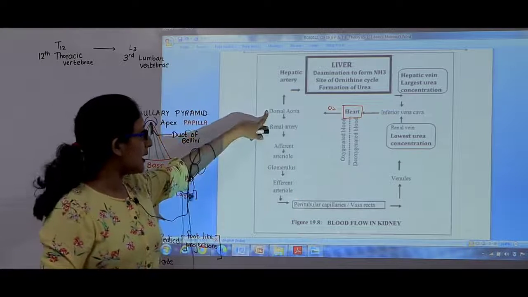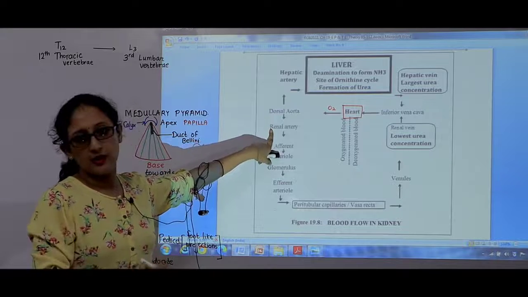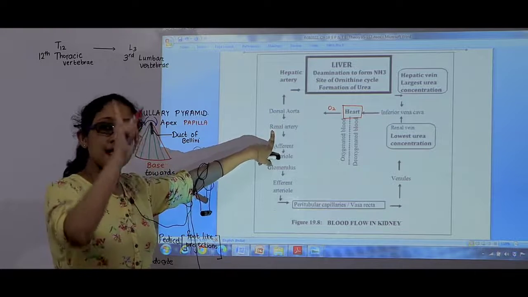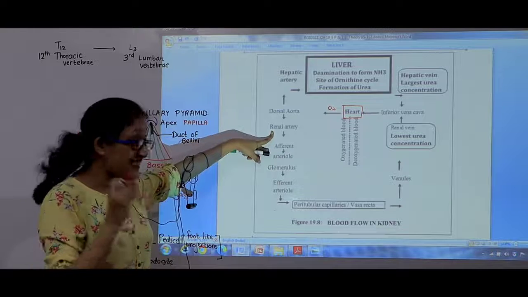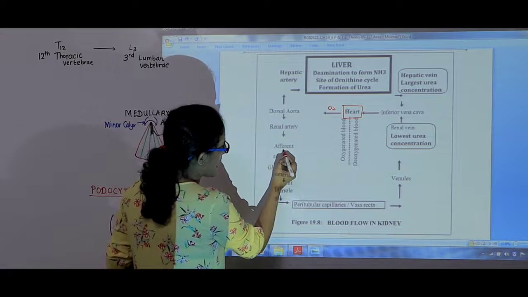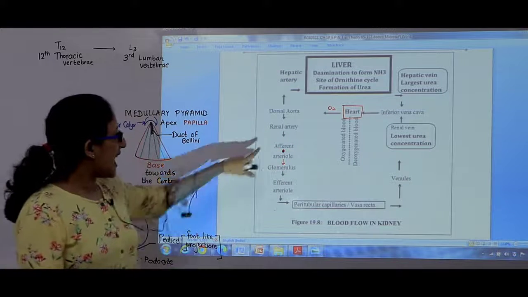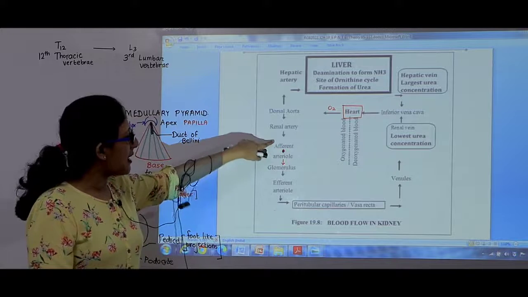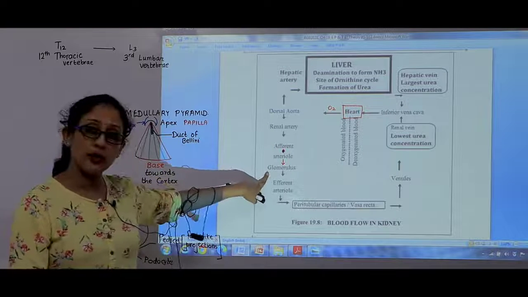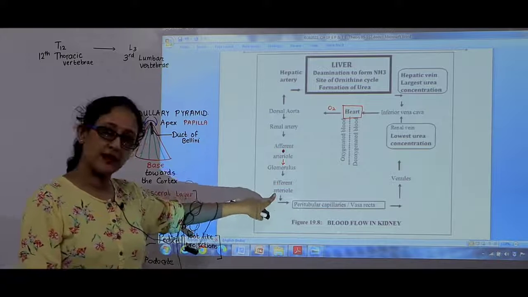I told you the dorsal aorta gives the branches called the renal arteries. One renal artery enters into one kidney and then it splits into those afferent arterioles. This arrow, cancel it from here and put it over here. The larger diameter afferent arteriole enters the glomerulus and what leaves it is the efferent arteriole.